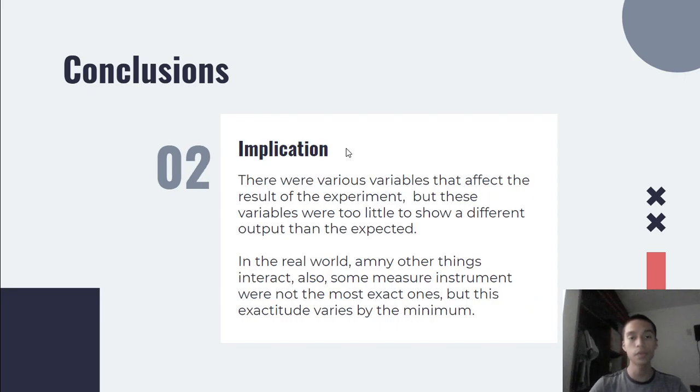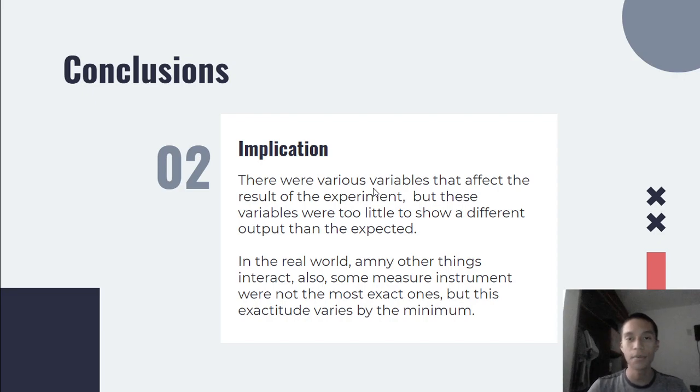So the implications of the experiment: well, there were various variables that affected the results, but these variables were too small to show a different output. In the real world, there are many other things that interact. Also, some measuring instruments were not the most exact ones.